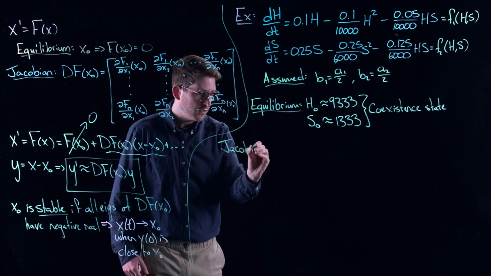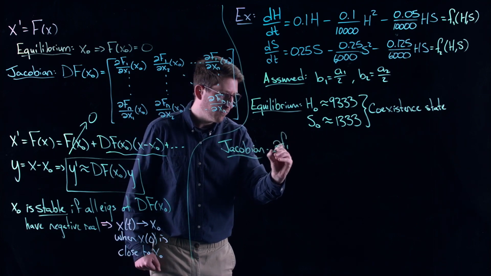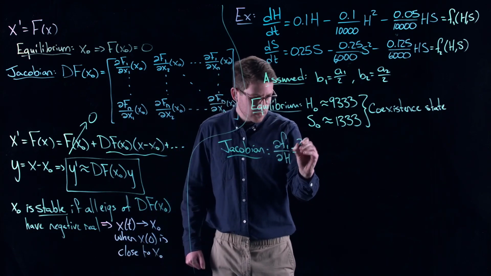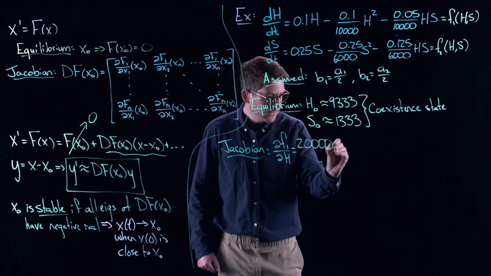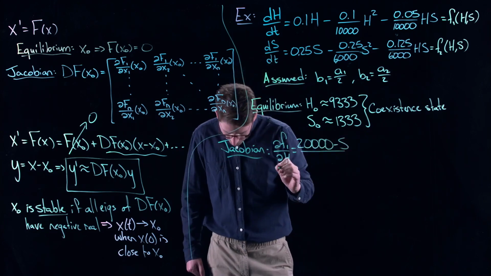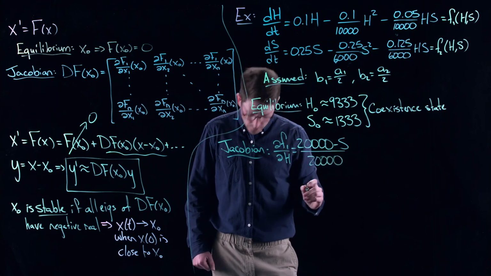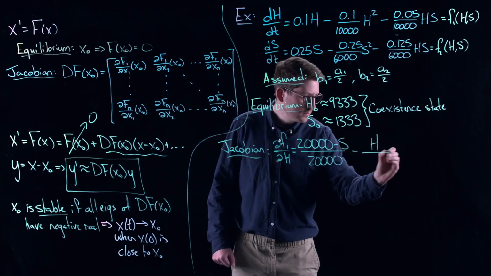So the Jacobian, in this case, I need a derivative of F1 with respect to H. In this case, it is 20,000 minus S divided by 20,000. And then subtracting off H over 50,000.